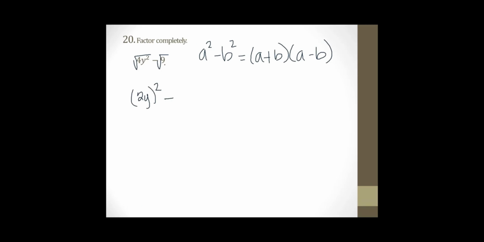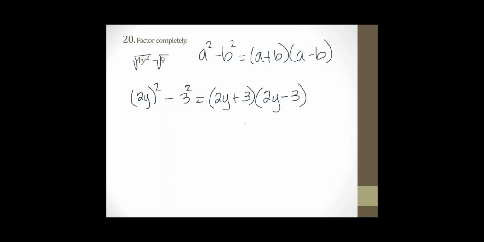And the square root of 9 is 3, so that's 3 squared, which equals 9. So now I can see very clearly that 2y is my a and 3 is my b. To factor this out, I would say 2y plus 3 times 2y minus 3. And I am done factoring.